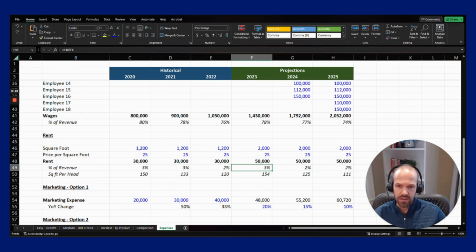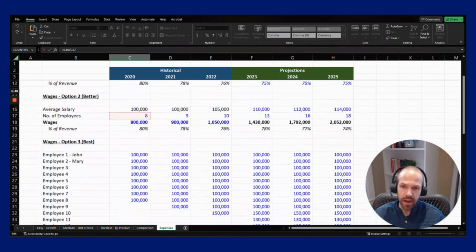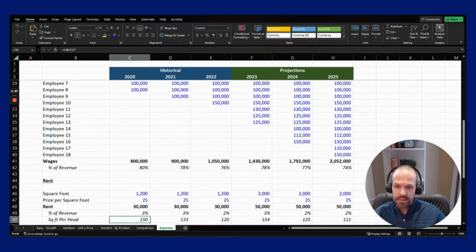What percentage is that of revenue, which is less relevant, as revenue doesn't drive your real estate expenses or your rent. Really, the thing that would drive your real estate expenses would be the square foot per person. So what we've done here is divide that 1,200 square foot by the number of employees up here, and that gives you 150 square foot.